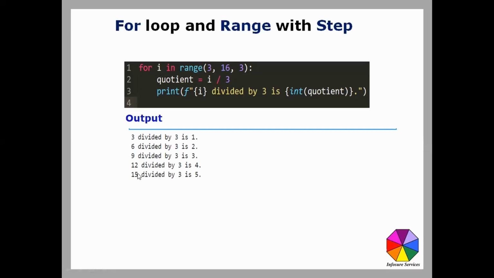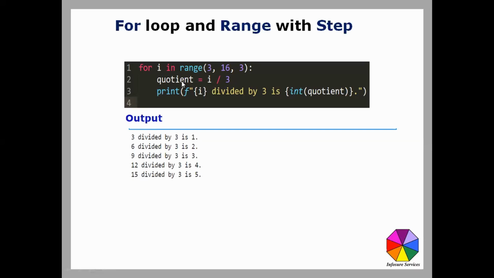So i is incremented in steps of 3. Of course the last value is skipped. If this end value were 15, it would skip 15 also. Our end value is 16, so it printed 15.